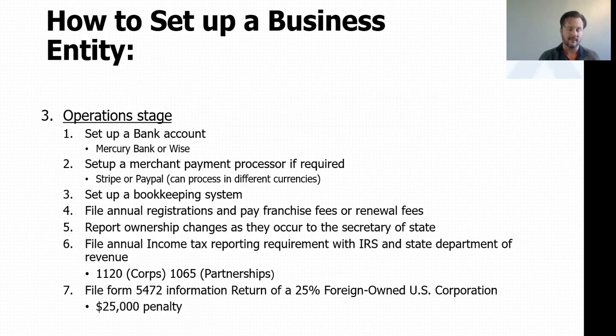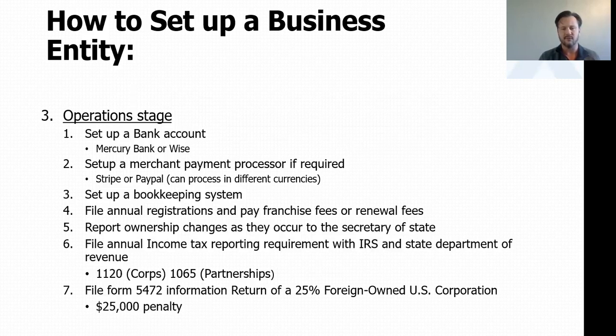And then this is the most important thing: when you have an LLC or corporation or partnership, you have to file a Form 5472. It's called the information return of a 25% or more foreign-owned U.S. corporation. You file it along with the partnership return 1065 or 1120.